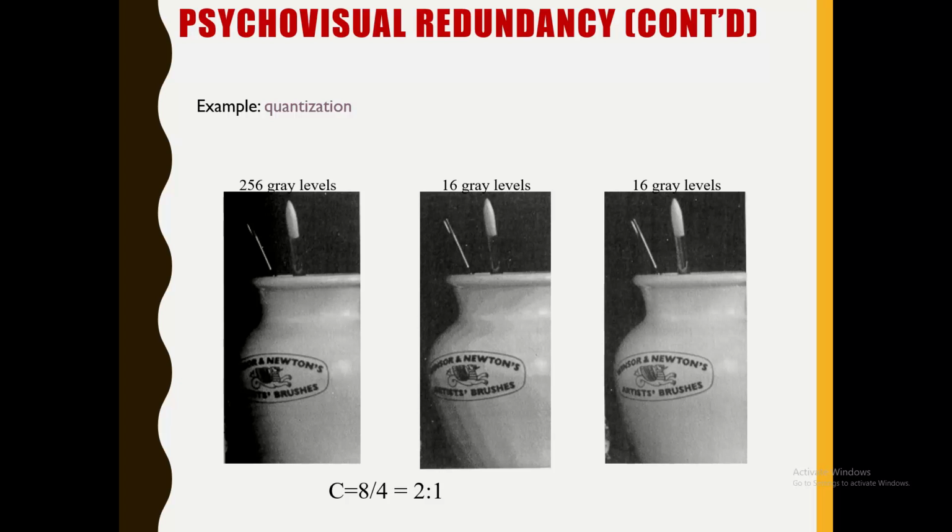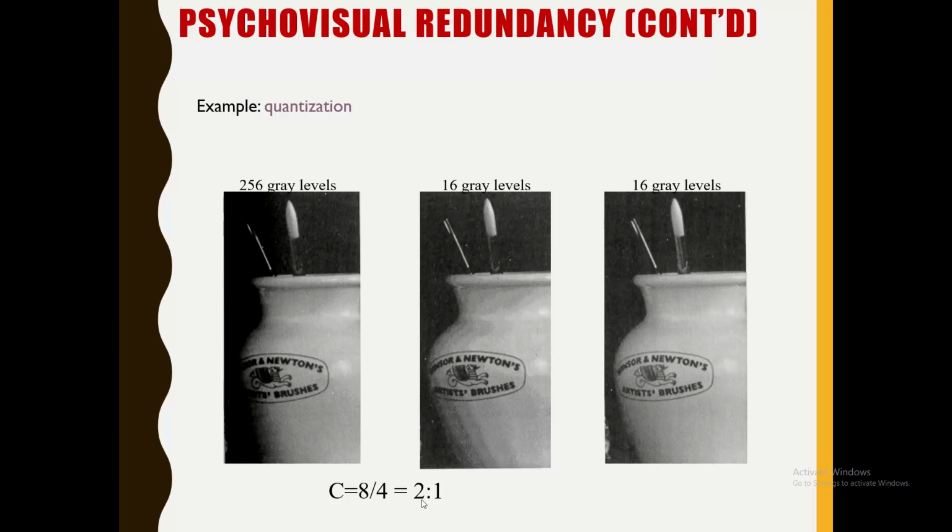For example, you can see in this figure an image represented by 8 bits, that has 256 gray levels, while this image is represented by 4 bits, that has 16 gray levels. You can clearly see that there is false contouring in this image, so the quality of the image has been degraded.